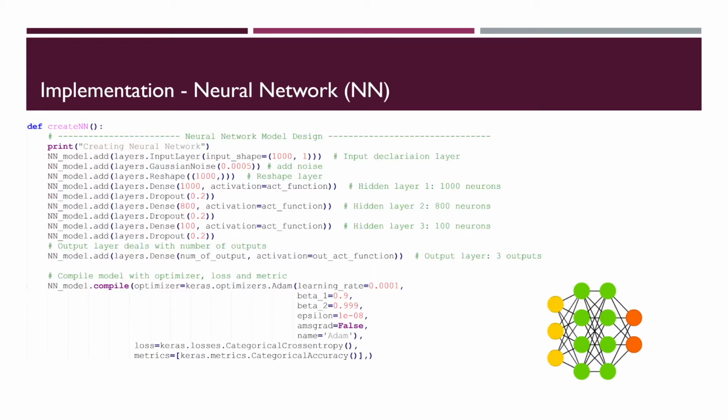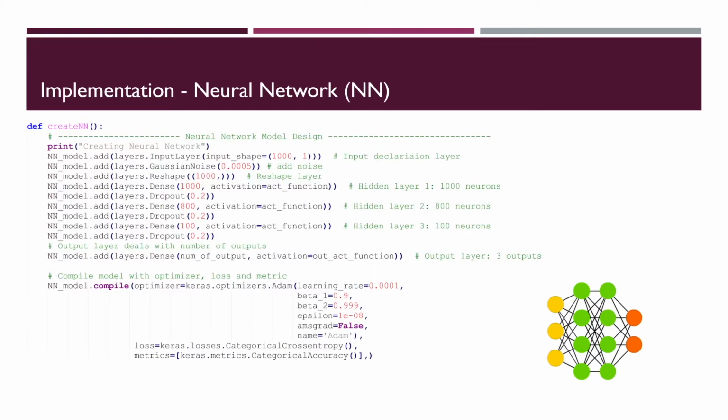This is our code for building a simple neural network. The first layer that we created using Keras was an input layer with an input shape of 1000 by 1. Then we added a Gaussian noise layer. This layer was meant to mitigate some overfitting that we were experiencing before. Added 3 hidden layers. The first hidden layer has 1000 neurons.